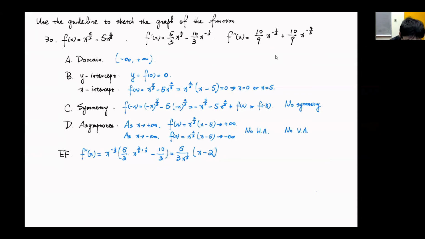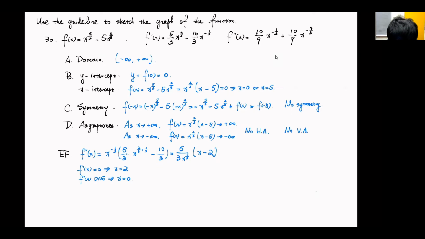All right, so this way I can see clearly that f prime of x equals 0 means x equals 2, and f prime of x does not exist implies x equals 0. All right, so this way we get two critical numbers, and let's just plot them on the graph.